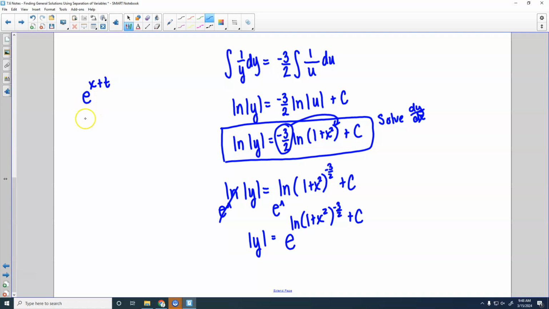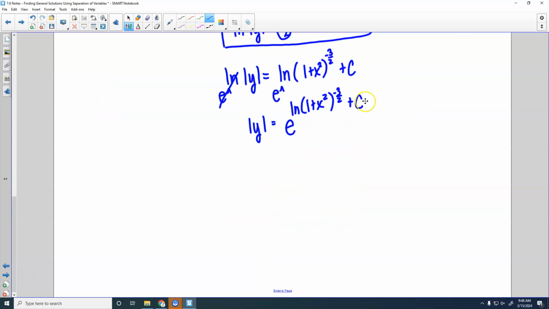And I broke it down into the e to the x times e to the t, okay? I'm going to do something similar over here because I got this big mess that is multiplied together, and I'm getting close on time. And I've got that c. So I'm going to write it like this. E to the natural log of 1 plus x squared to the -3/2 times e to the c.